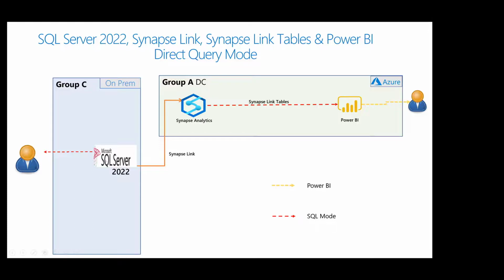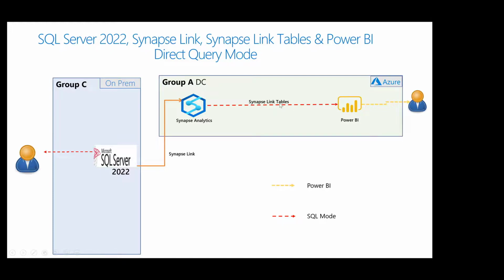So if you have your data on-prem on SQL Server, you can access that data using a feature called Synapse Link, which I think Kim mentioned during her keynote speech as well, wherein it's a very powerful service that has been introduced, wherein you can do an HTAP or access the data on SQL Server via Synapse Link tables on Synapse Analytics. And again, those can also be accessed via Power BI by the user.